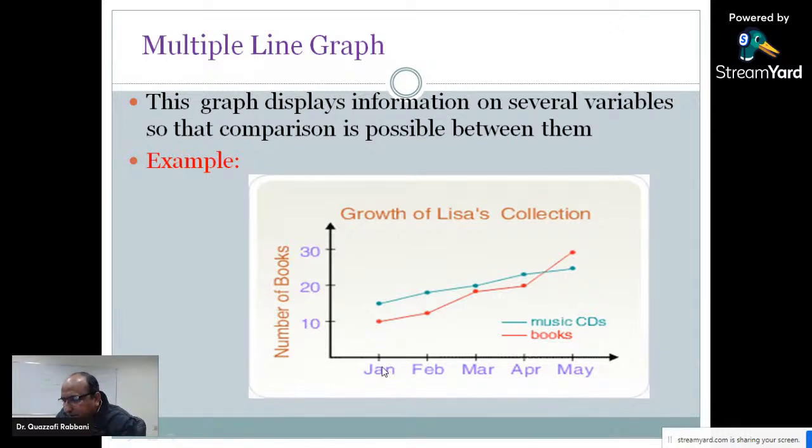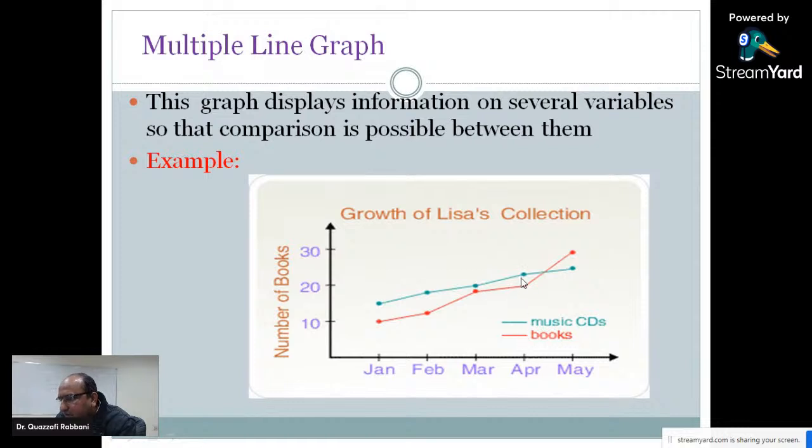The data is given month-wise. In January, the total number of collections of books is in the blue line, and this is the music CDs. So music CDs are higher than the collection of books. In February, the music collection is also higher than books. In March, this is close.